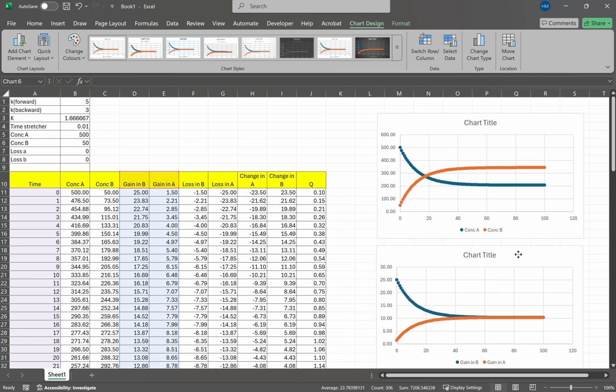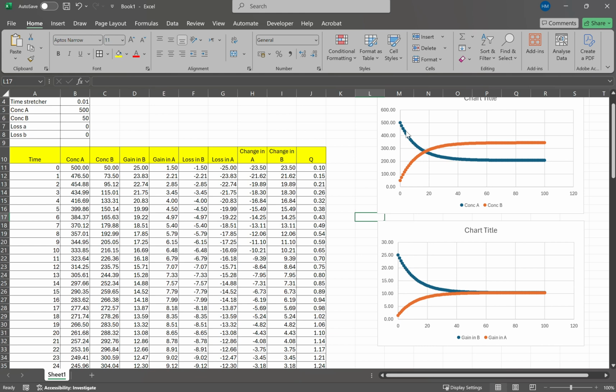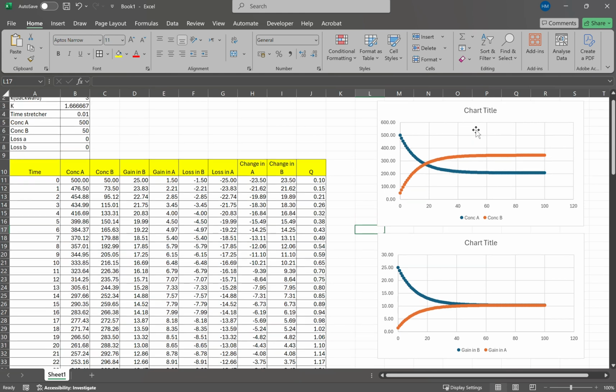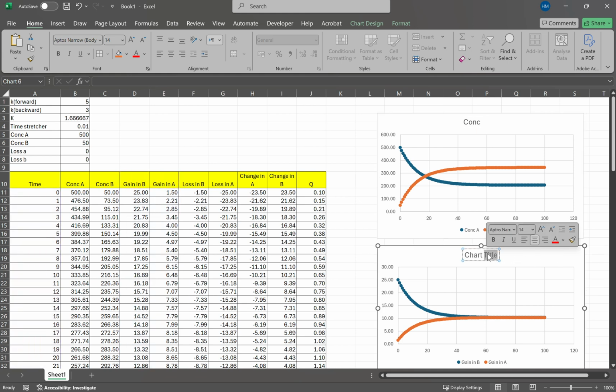Right. So some interesting things happen here. Something that the students often get confused by is do the lines meet? Should the lines meet? And the answer is it obviously depends on what the y-axis is. And we see here that on the graph of concentration against time, the lines don't meet, and on the graph of rate against time, the lines do meet.